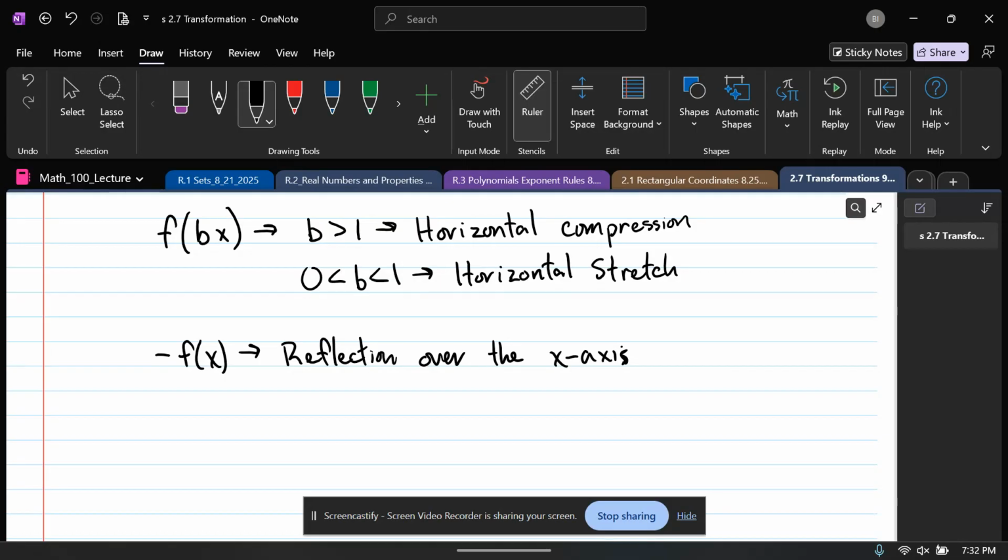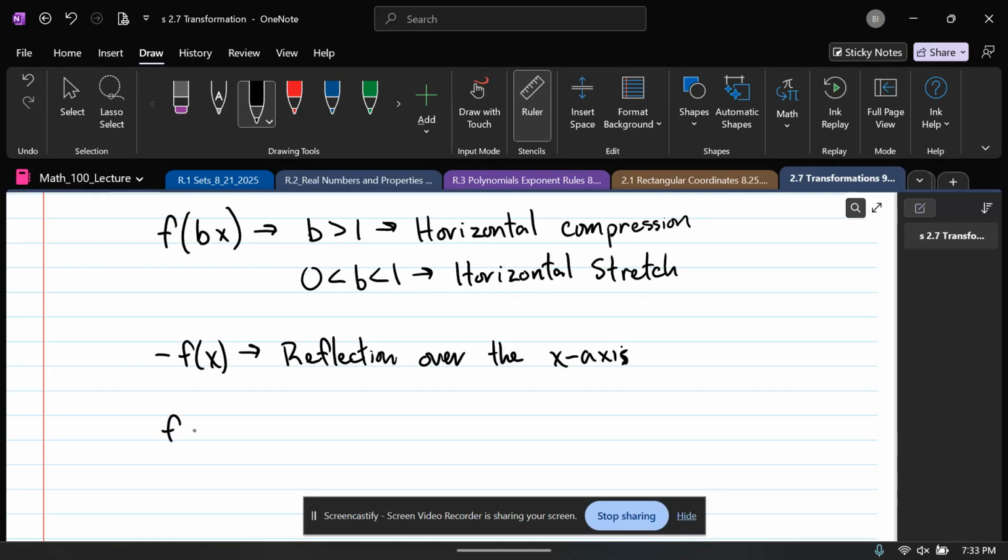If it's up here to begin with, above it, and you reflect it across the x-axis, it flips it down here. That's a vertical move. Look where the negative is at. It's on the outside of the function. Flipping across the x-axis or reflecting across the x-axis is a vertical move.